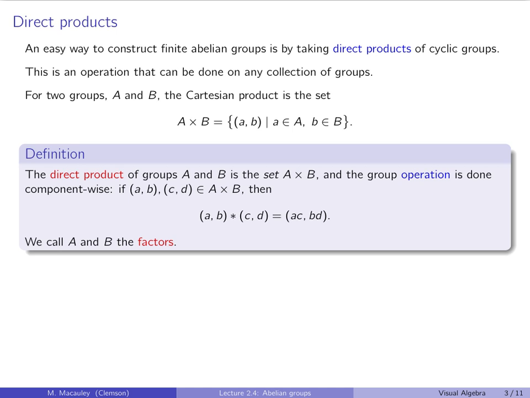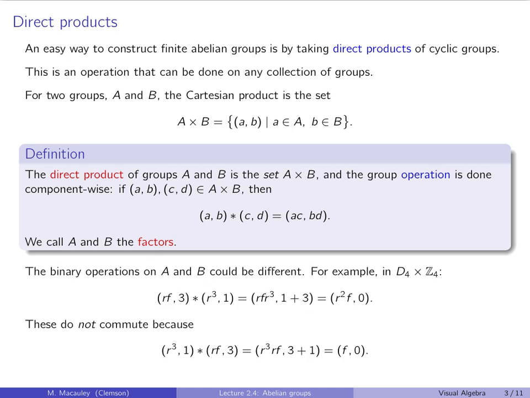So that means if we have ordered pairs A comma B and C comma D, their product AB star CD is just AC comma BD. And here I'm using star for the group operation in the direct product and just plain old multiplication for the operation in the A and B, which are called the factors.